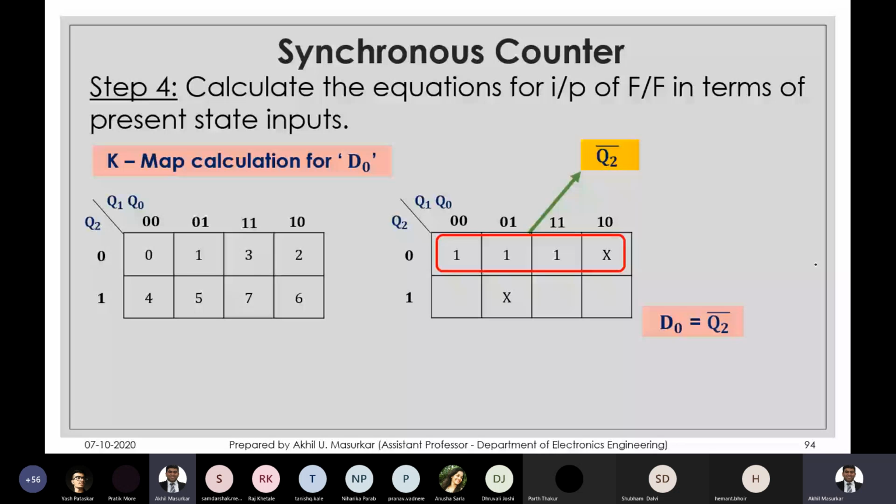So Q3 bar you can connect to D0, but that would be a 4 input. So you can remove one flip flop also and simply connect your Q2 bar to D0. So this is the implementation.